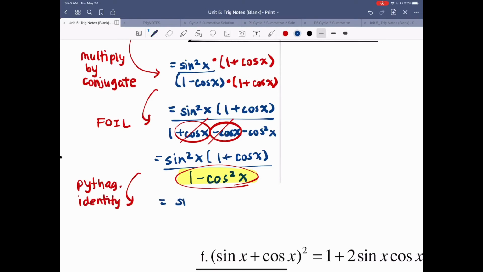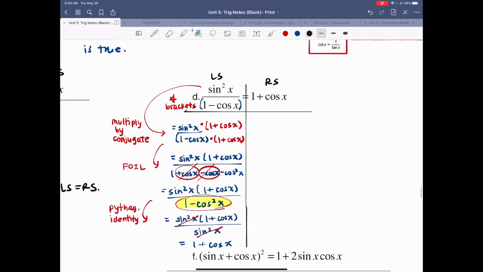And you get sine squared x times 1 plus cos x divided by sine 2x. These parts cancel out, and you're left with 1 plus cos x. You have the exact same thing on the right side. So I've already gone through this prior to going through this lesson with you.